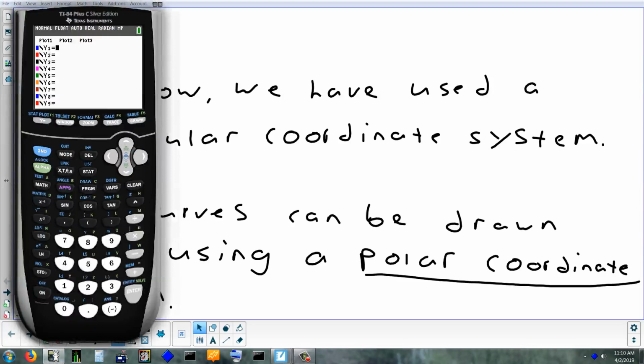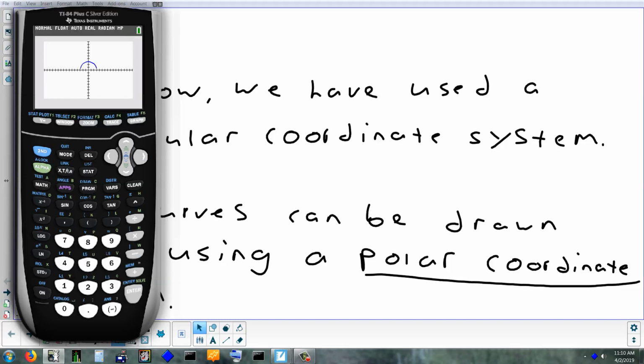Radius 3, so let's do the square root of 9 minus x squared. That's the equation of a circle, except I got y by itself. To get y by itself, you'd have to move x squared to the other side and then take the square root.